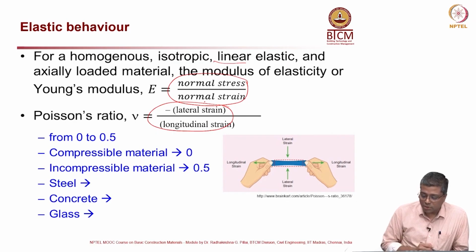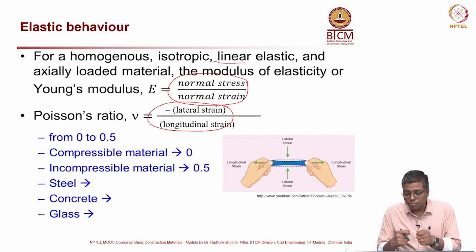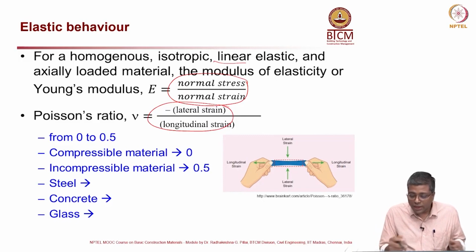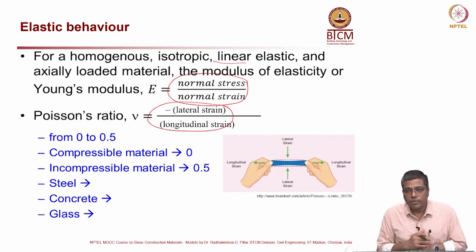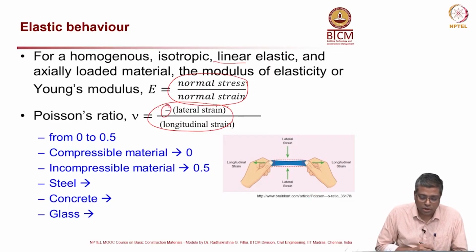Now, you can see in this picture here a person is pulling that blue strip, and as you pull, the length or the longitudinal strain is more, length is increasing and the width of the strip is decreasing, and because one is increasing, the other is decreasing, that is why we introduce this negative sign here in the numerator of the Poisson's ratio.